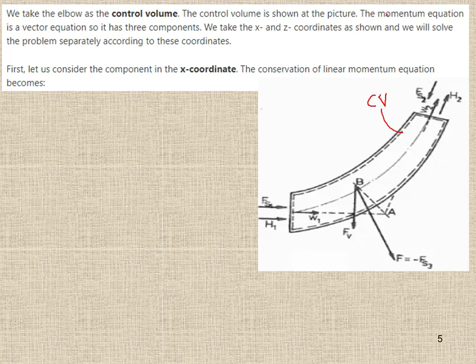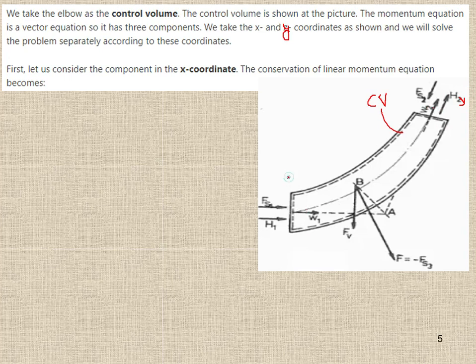Okay, so the momentum equation is a vector equation, so it has three components. Definitely x, y, and z, but we are considering only the x and y components. This is the y component, and this is point 1 and point 2.